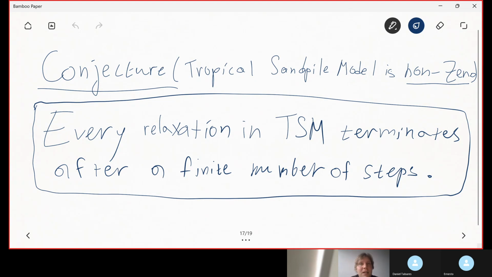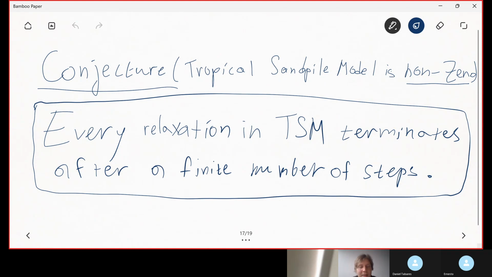That's what you have in the arrow paradox and Achilles and the tortoise. The process is in principle finite if you look at the totality, but it's done in an infinitude of tiny little steps. And the conjecture is that it's not true, that actually these relaxations are always finite. So they terminate after some finite number of steps.